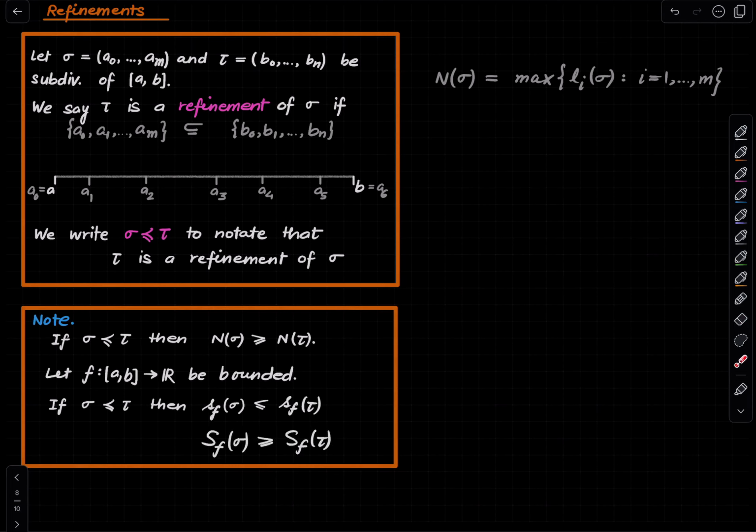So we are claiming that if sigma is refined by tau, then the lower sum of f with respect to sigma is at most the lower sum of f with respect to tau. So why is that? Let us try to understand this in the simplest possible case, and that should make it clear how to prove it in general. So we have the interval [a, b].